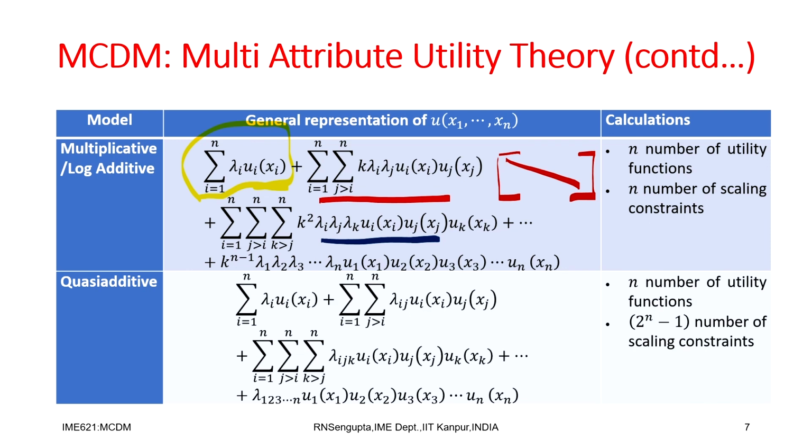And if you look at the multiplicative one, obviously the higher orders can also be considered. Higher orders means when you are taking a combination of 3 out of n, NC3.